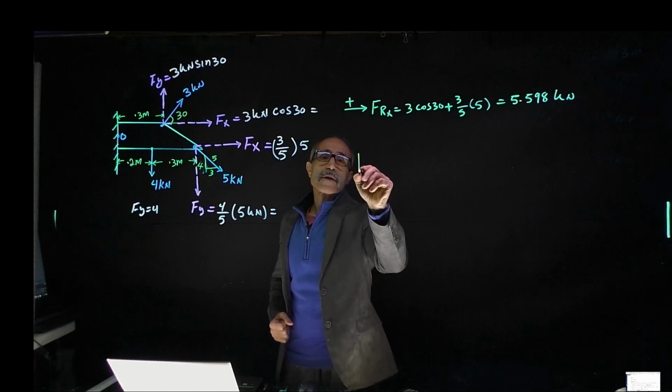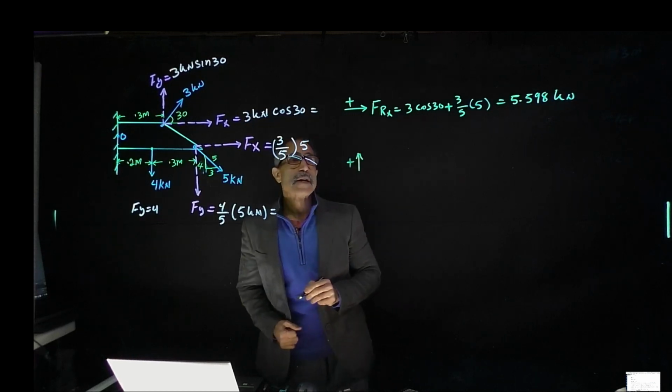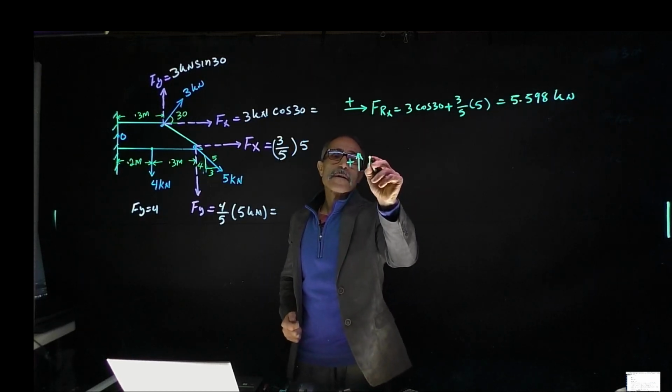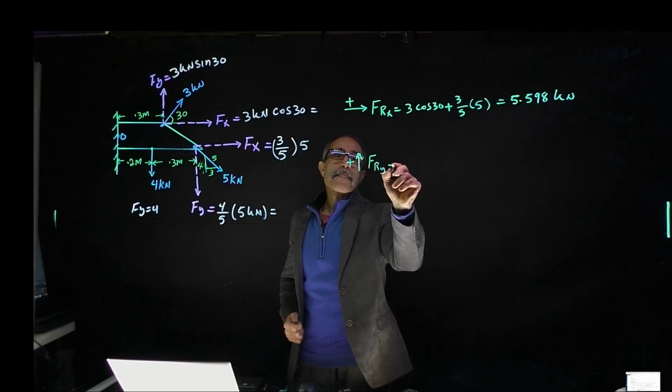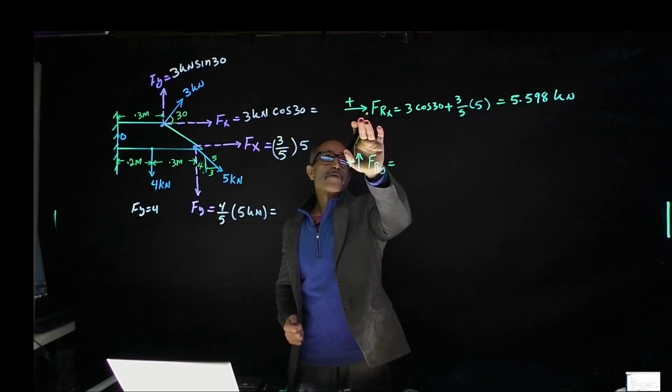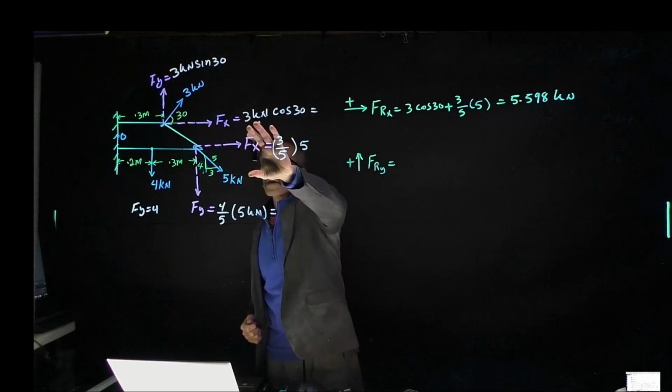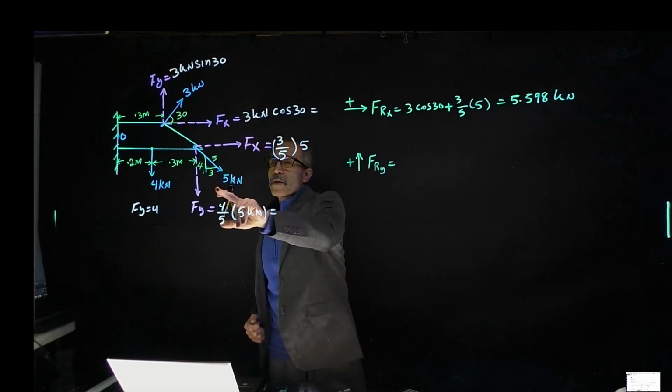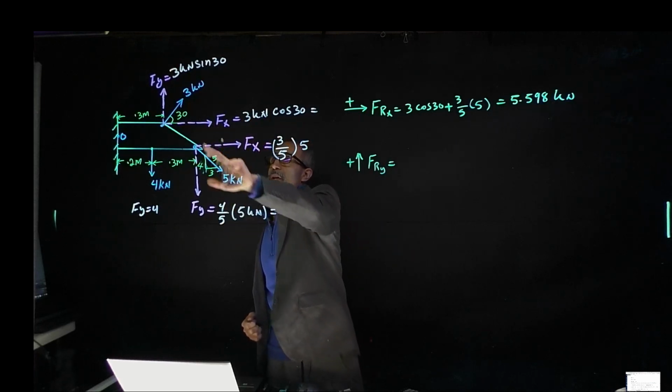So going up is positive, and F of r y, we've got to make the sign. The sign going to the right was positive. Here we're going to have one going down, and one going up actually.